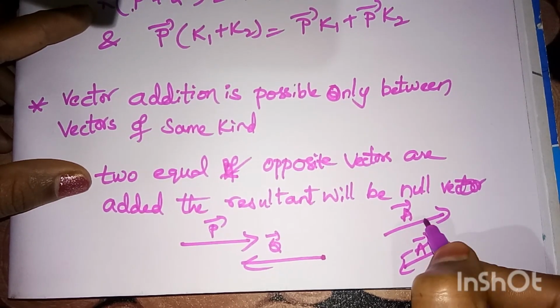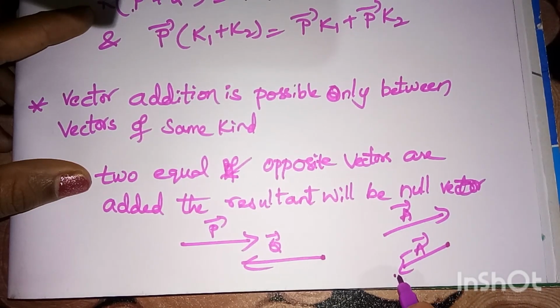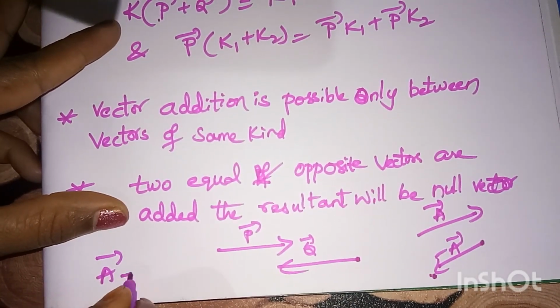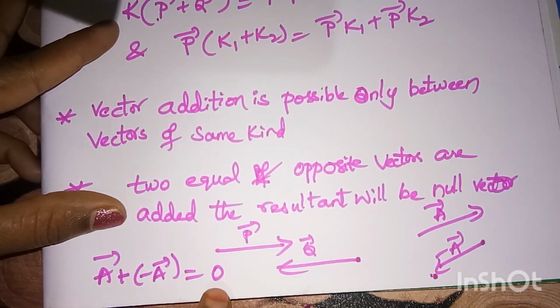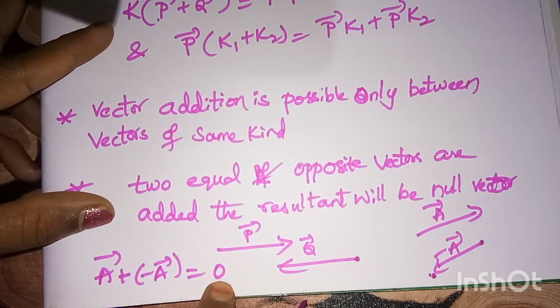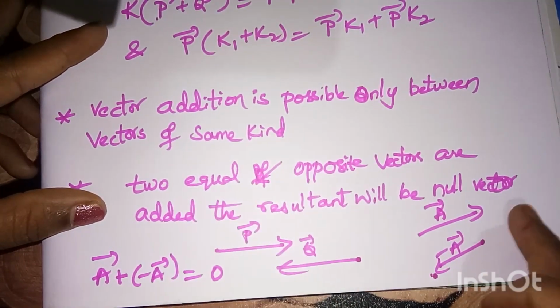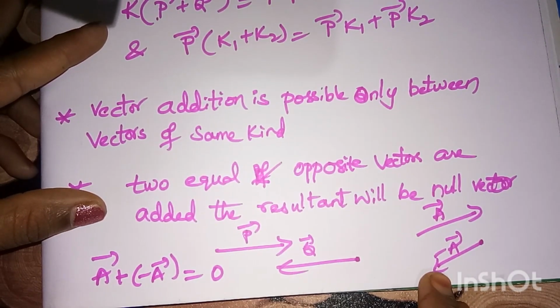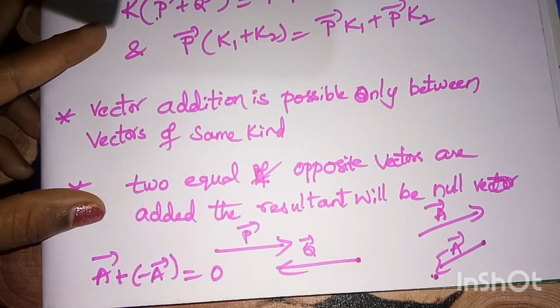So two vectors with equal magnitudes but opposite directions, when you add a bar plus minus a bar, become 0. This is the resultant, that will be the null vector. So equal magnitudes but opposite directions give the null vector.